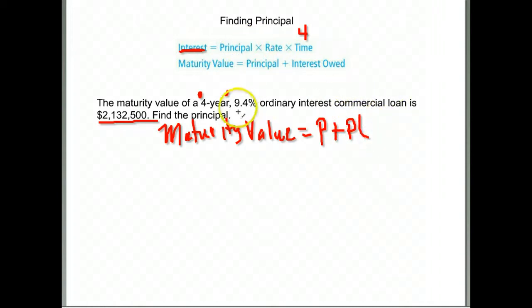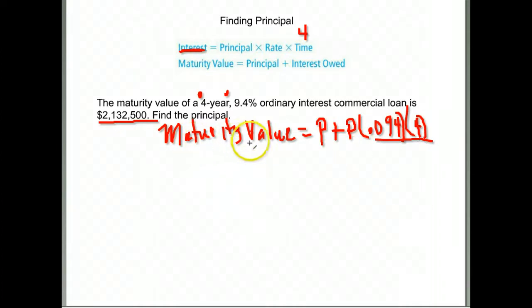Our rate was 9.4%, so if we move our decimal 2 places to the left, we get 0.094 times the amount of time, and again, the amount of time is just 4 because they gave it to us in years. So let's simplify this a little bit by doing our multiplication here. 0.094 times 4 is 0.376.